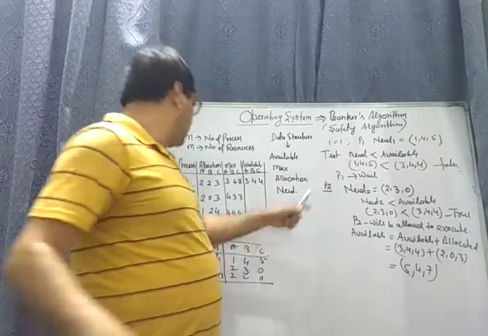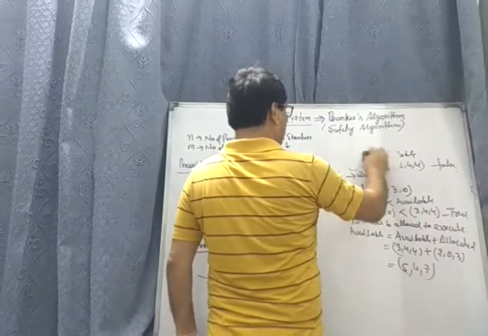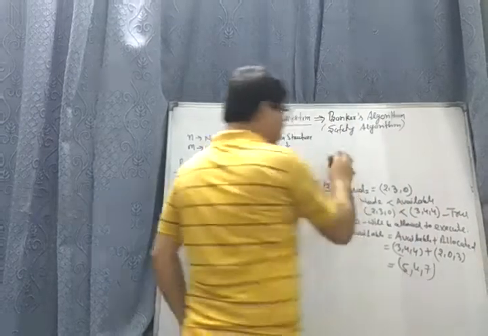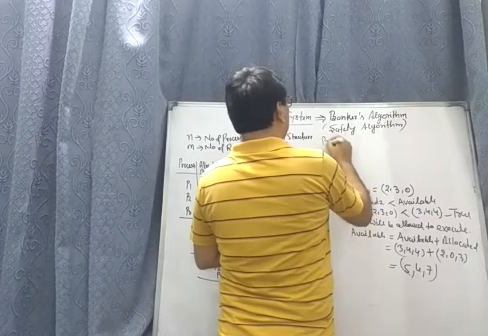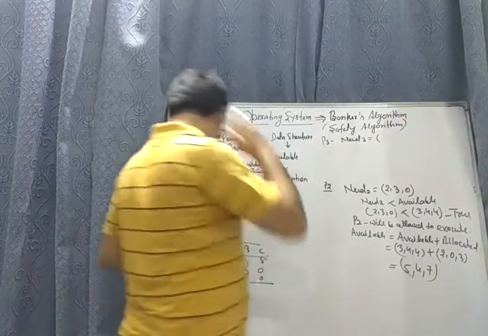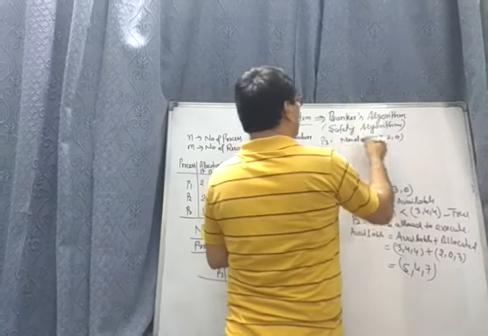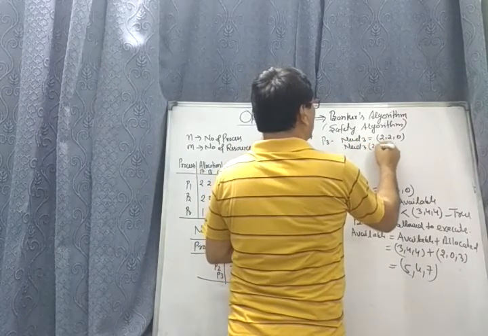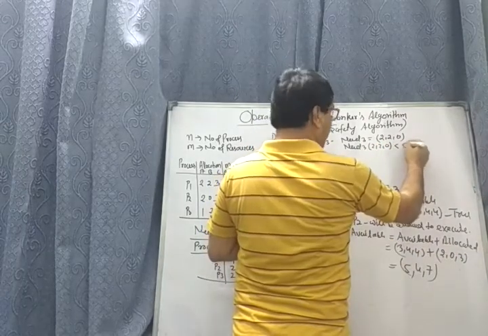Right now, similarly we will check process P3. Now, for P3, Need3 is equal to 2, 2, 0. Then Need3, 2, 2, 0 is less than available 5, 4, 7.